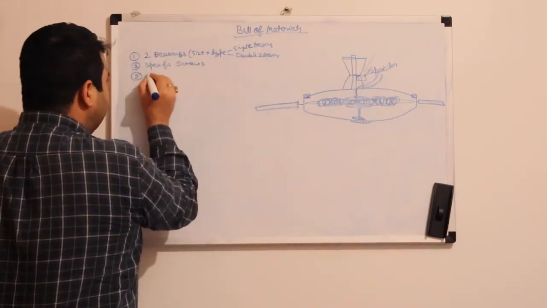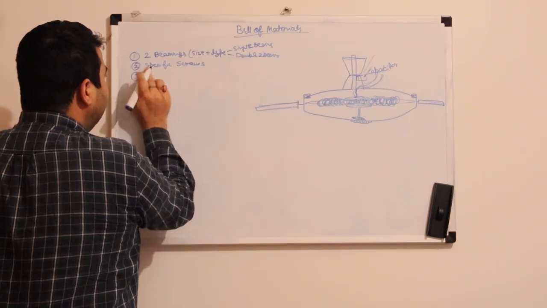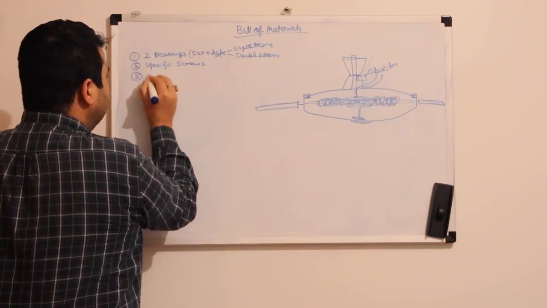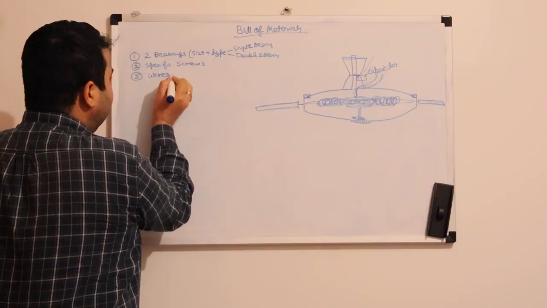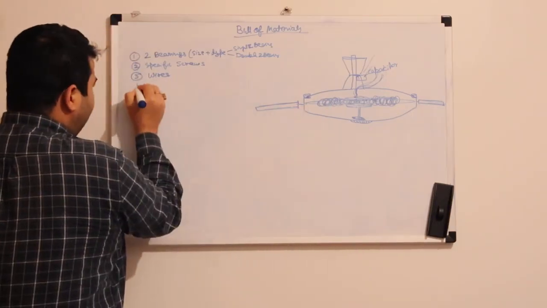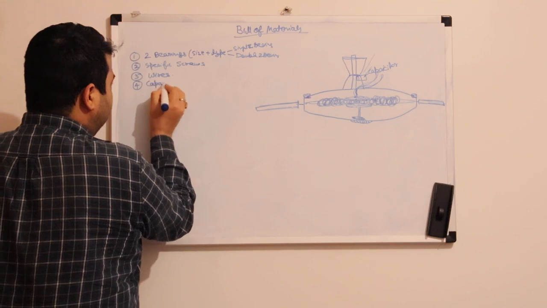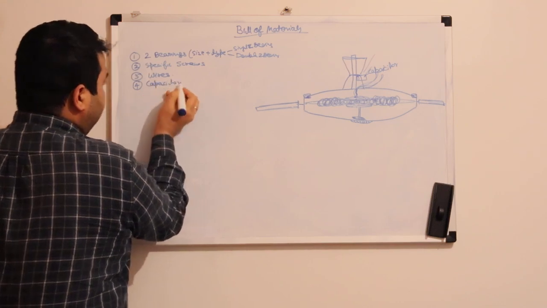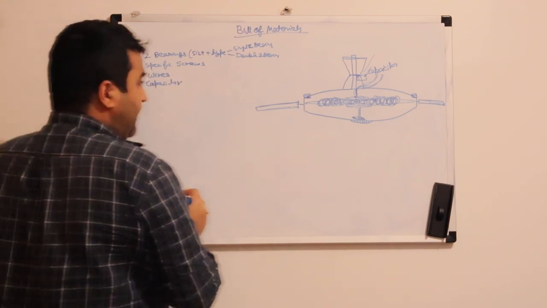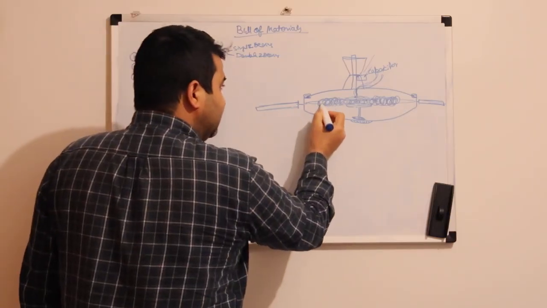So third, some electrical wires. Number 4, we require a capacitor. Also we require inside.